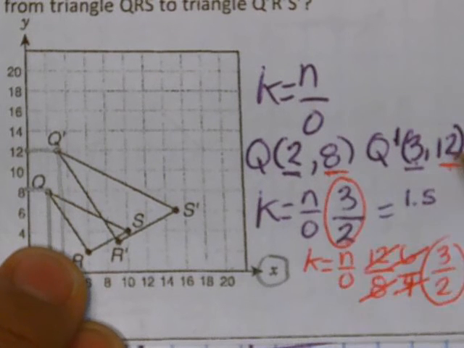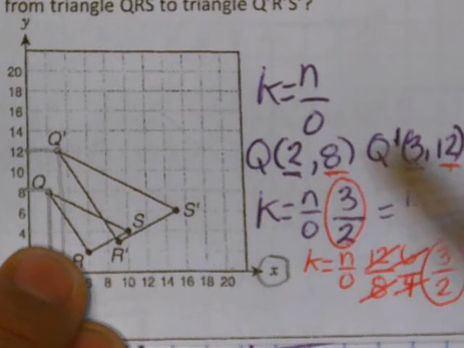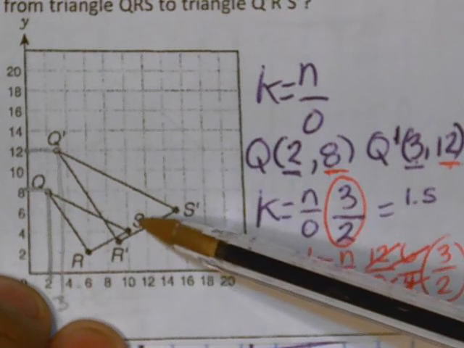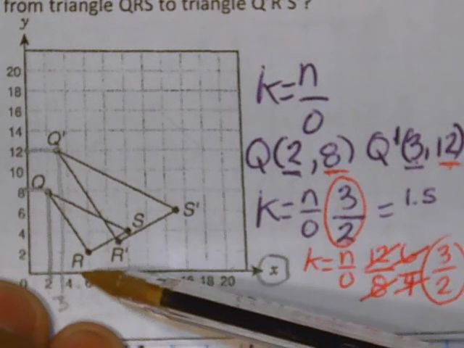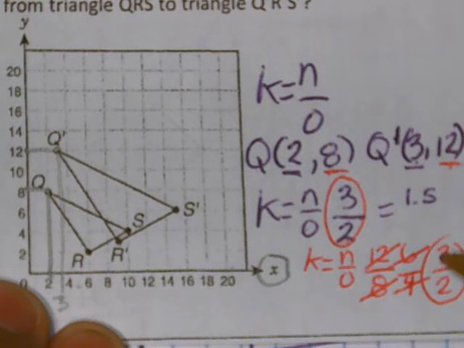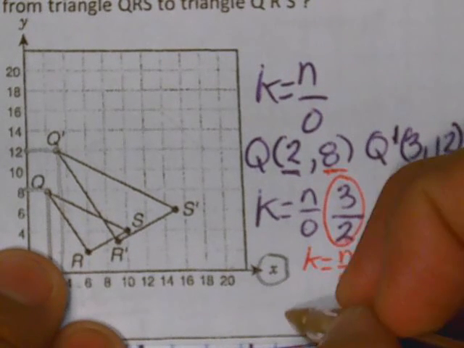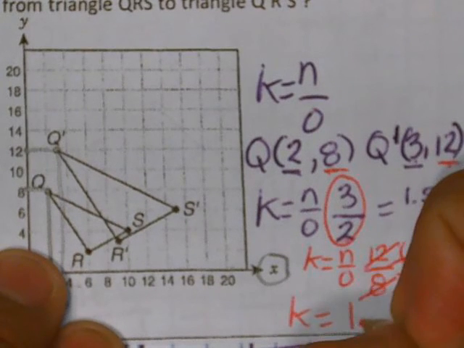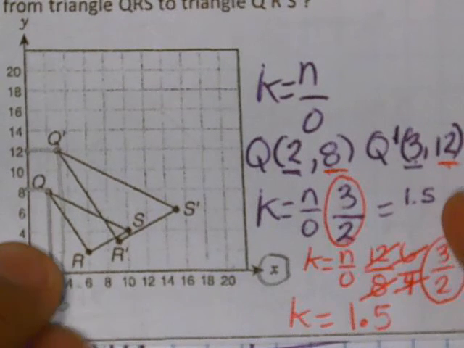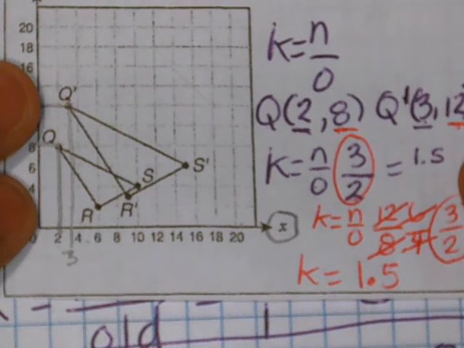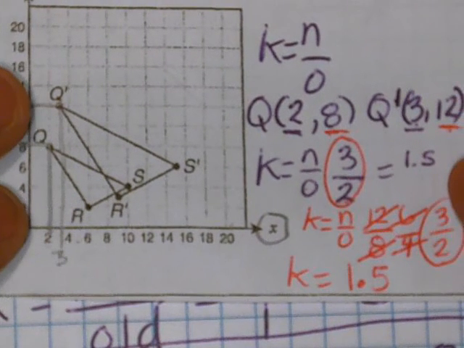Get the same thing again. So you get the same answer, whether you use X or you use the Y's. And it comes up to the same answer when you use S and S prime and R prime. You should be getting exactly the same answer, 3 over 2. So we found that K is equal to 1.5, right?